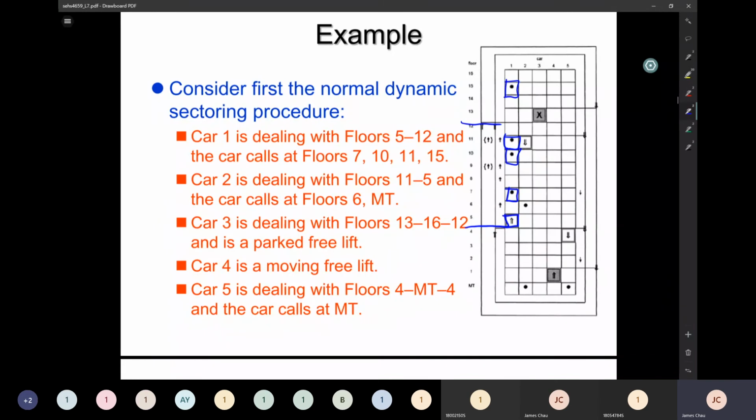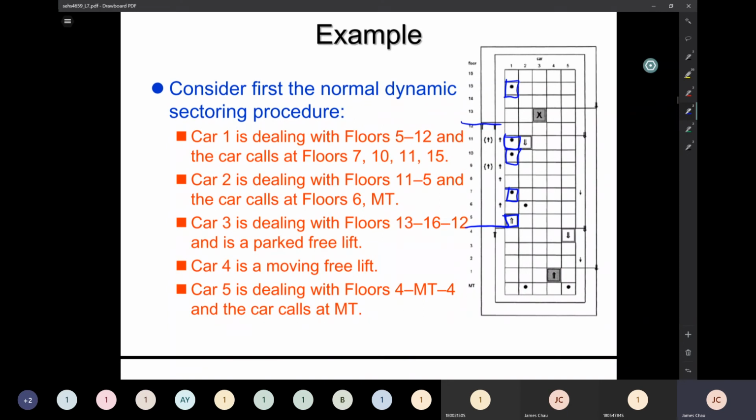They are the car calls, together with some up calls in the floors. The car calls, you may consider that we do not know the lift direction. We just call the car.